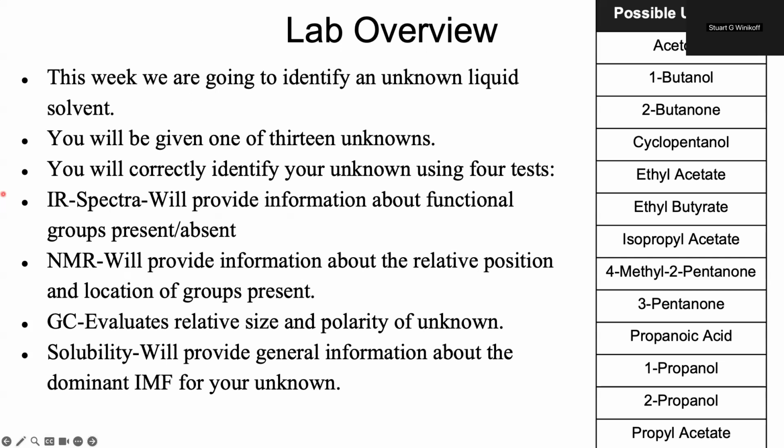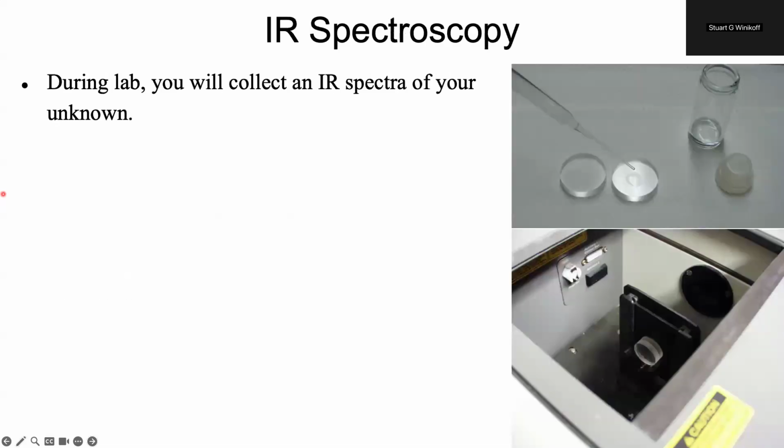Because as we've seen repeatedly throughout the lab this semester, different molecules, based on their shape and functional group, I'd expect to have different solubilities in different mixtures. So when we put all 4 of these together, you should be able to conclusively identify which one of these species you have.